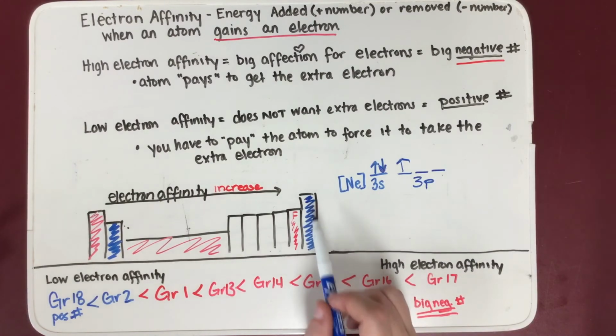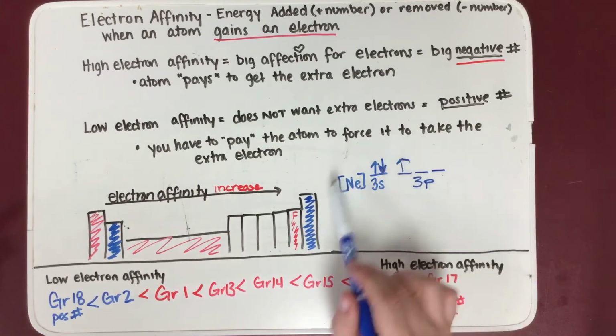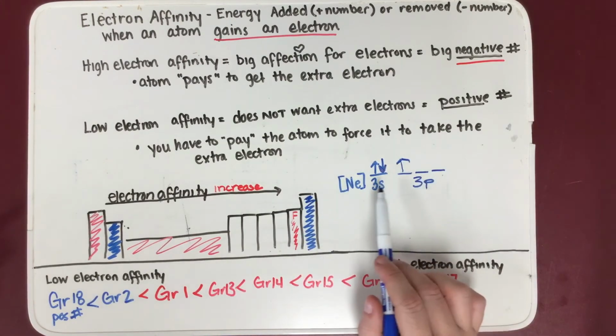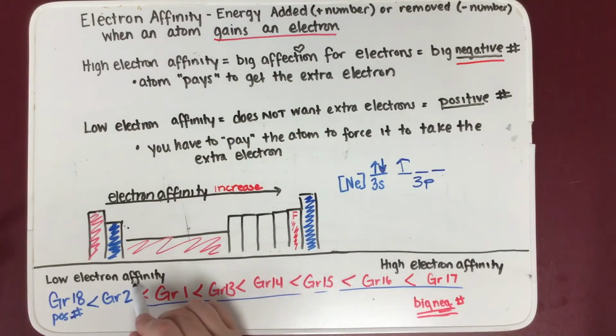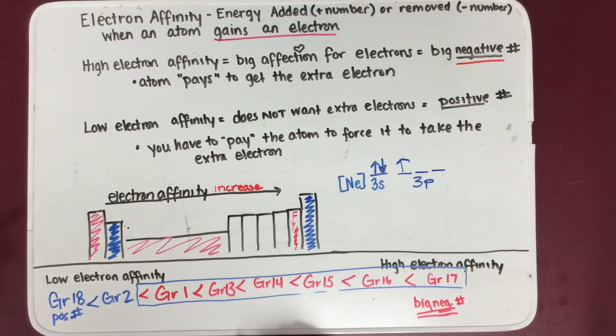If you have an empty spot available in an orbital notation, like an empty bed that an electron could get filled into, then it's going to be a negative number, which means, as we move across here, higher and higher electron affinities.